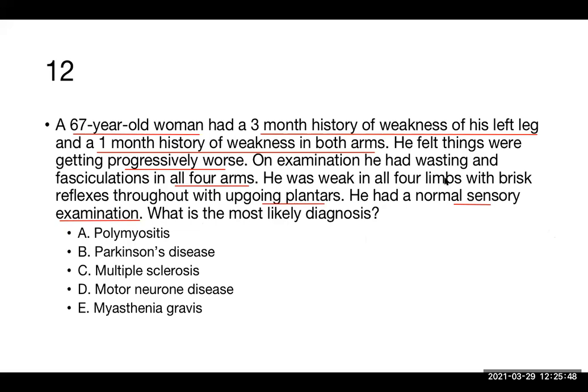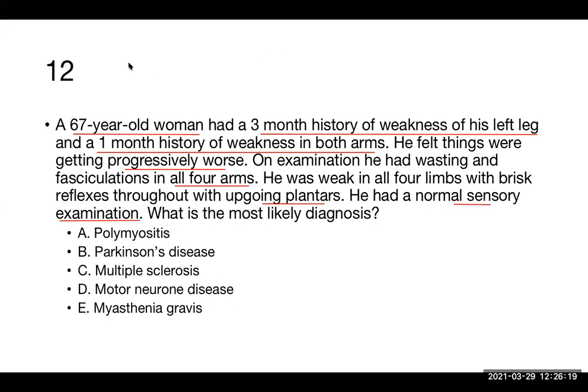Sir, there is only motor problem without sensory involvement, and there are upper motor neuron signs and lower motor neuron signs, like wasting of the muscle and fasciculation are lower motor neuron signs, and brisk reflexes and upgoing plantar are upper motor neuron signs. Very good. So he correctly explained all the points. Okay. So this is a case of motor neuron disease.